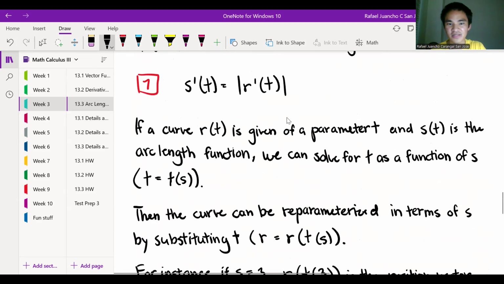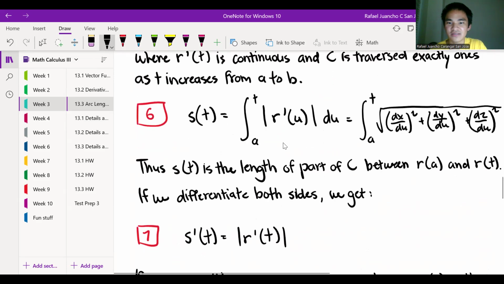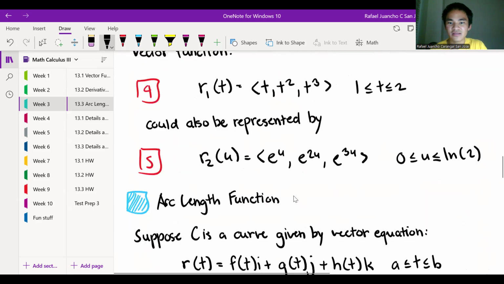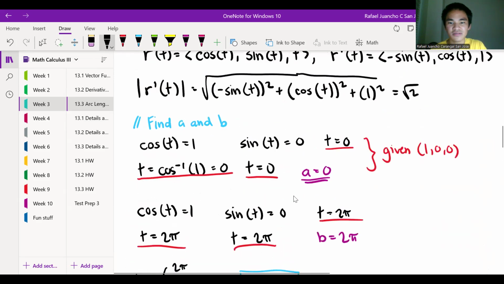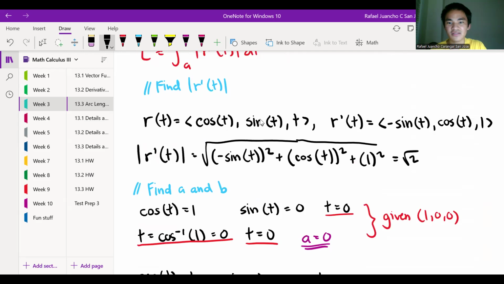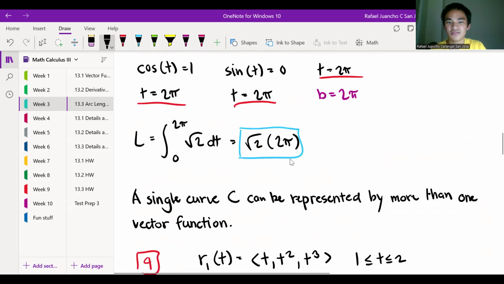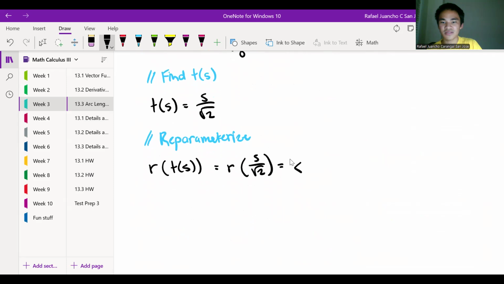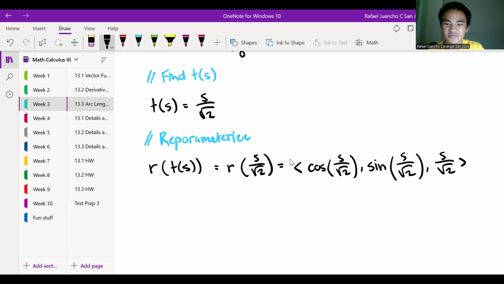So instead of t, I plug in s over square root of 2. I have cosine t, sine t, and t, so I get cosine of s over square root 2, sine of s over square root 2, and s over square root 2. That's the only difference I got.